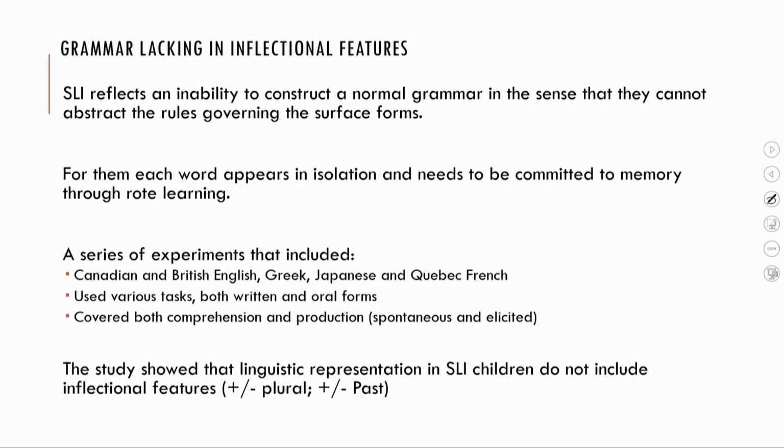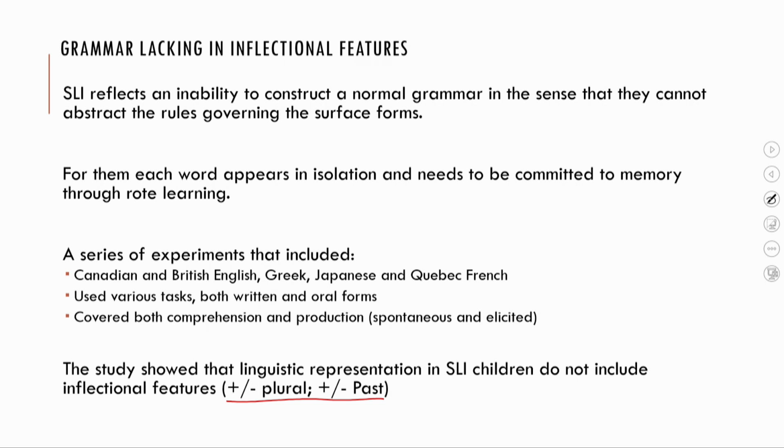So, it was a rather wide ranging study, and they showed that linguistic representation in SLI children does not include the inflectional features of plus minus plural and plus minus past. So, wherever plural marking and tense marking need inflectional morphology, that is when they do not perform very well.